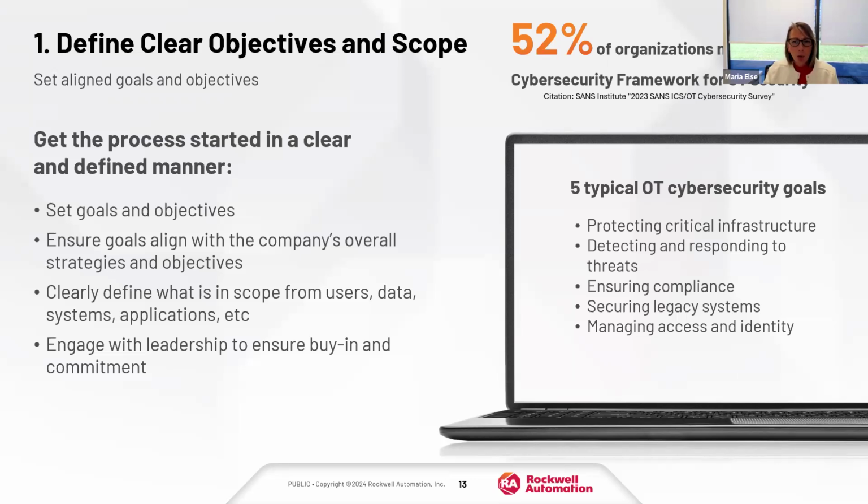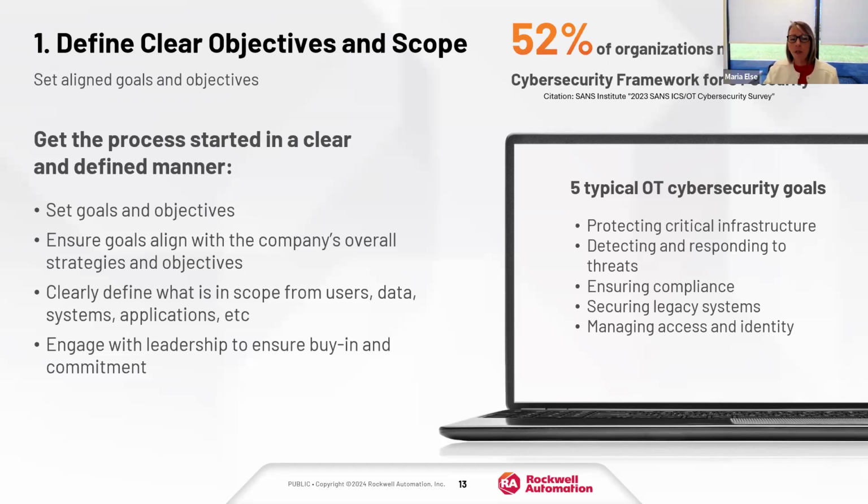When we talk about goals, though, everybody's goals and objectives are different, but you need to work out what is right for you and make sure you articulate those. So, typical goals: protecting critical infrastructure, and that's critical infrastructure as a whole, but what's critical to you and to your operating environment. Being able to detect and respond to threats is absolutely key.